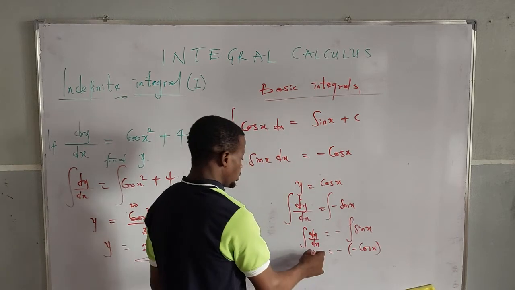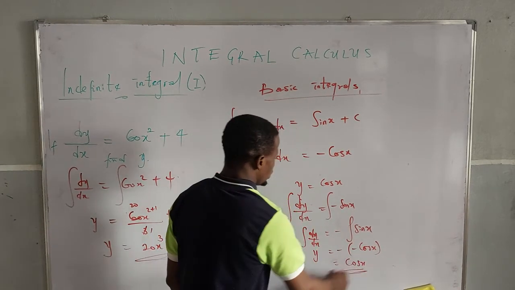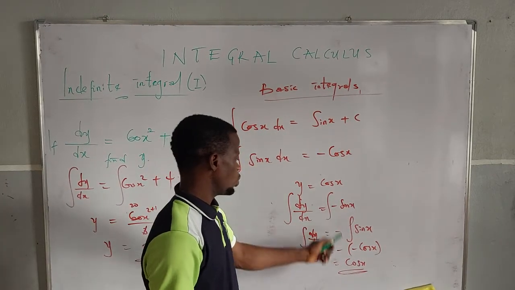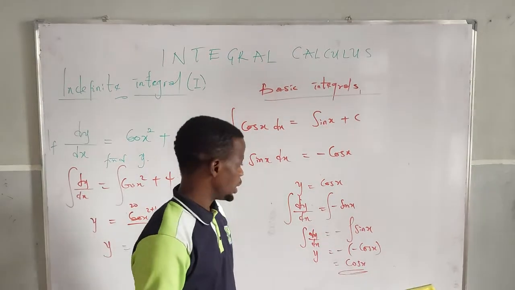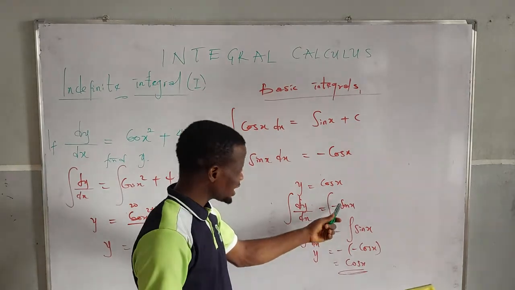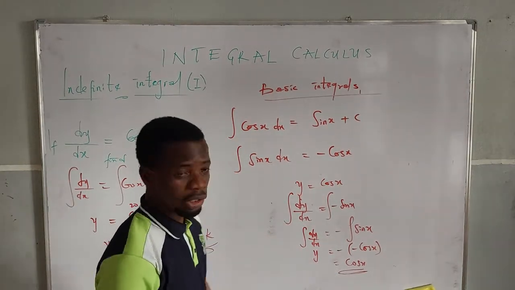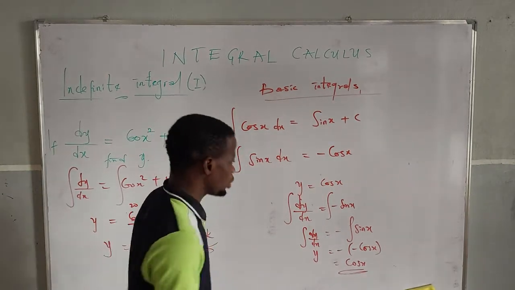So that means y is equal to cos x. So the integral of minus sin x will give us cos x. Because there's a negative sign already here, bring it out. Integrate sin x, there only was minus cos x. I've gotten back this function. Are you seeing that? So if you integrate sin x, you should have minus cos x.